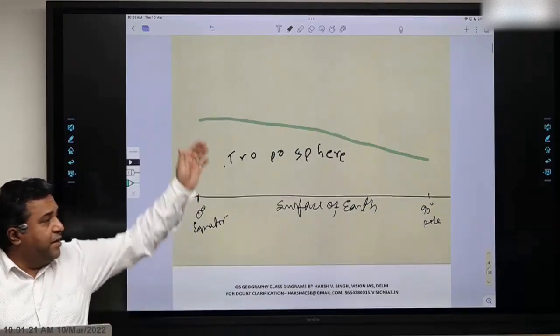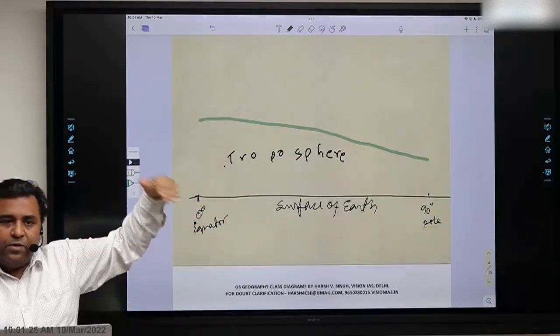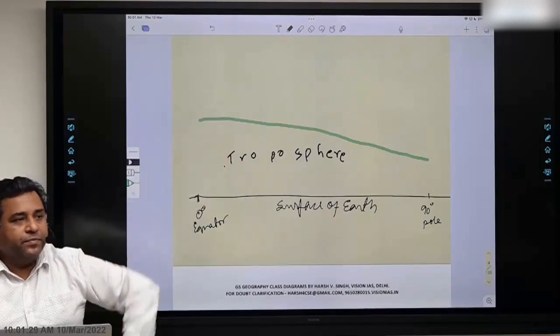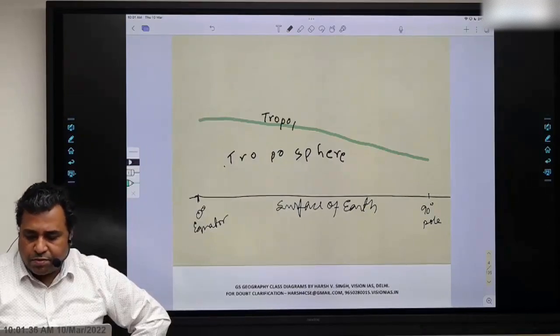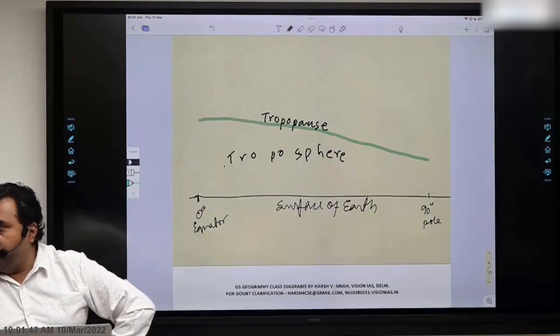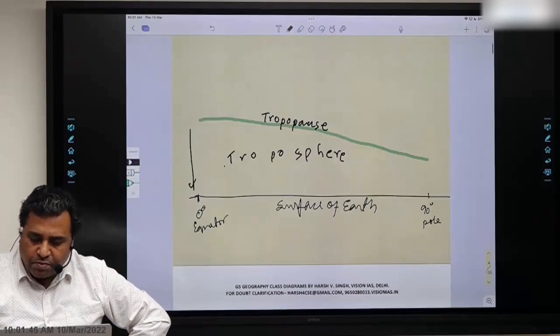And this line that I have drawn is the region which separates the troposphere from above part. So the troposphere ends with this line, upper line, ठीक है। We call this boundary of the troposphere as tropopause. Tropopause. So the boundary of the troposphere is the tropopause. ठीक है? And what is the height of the tropopause?